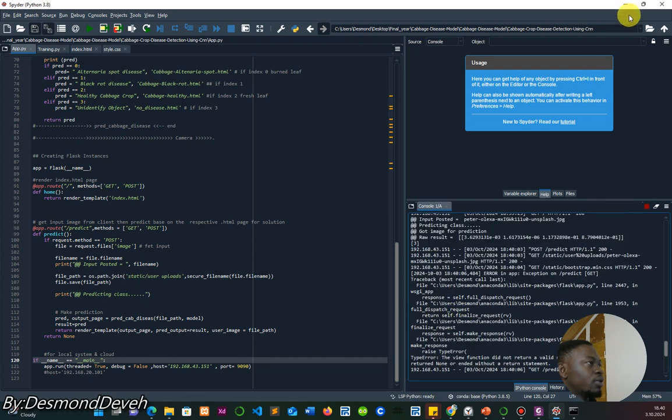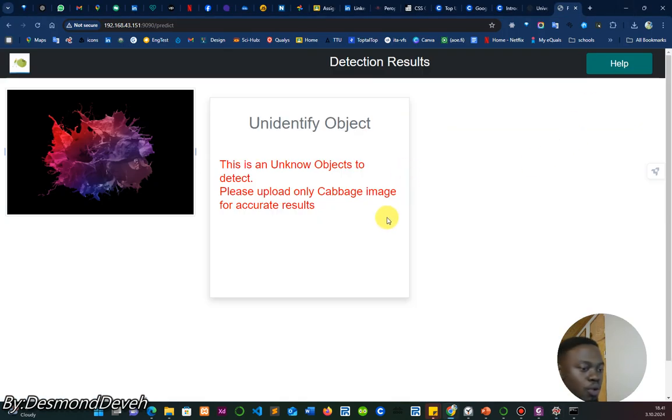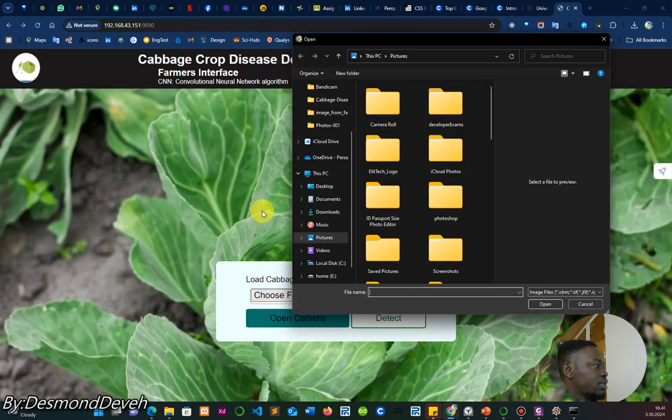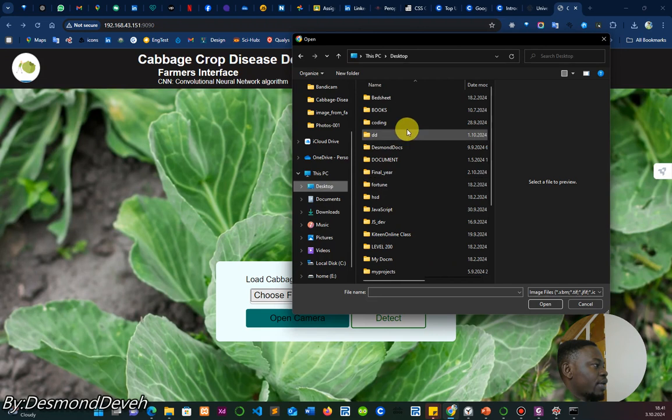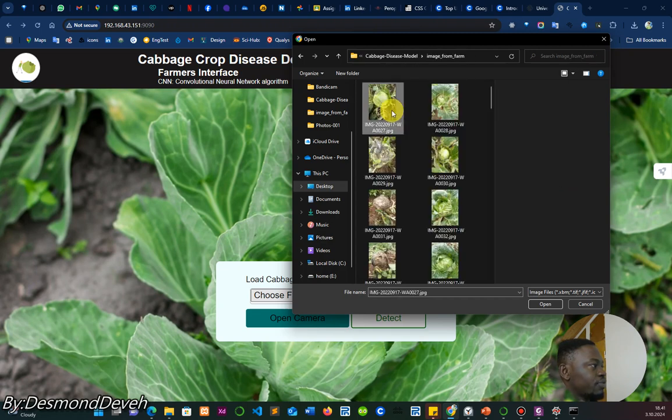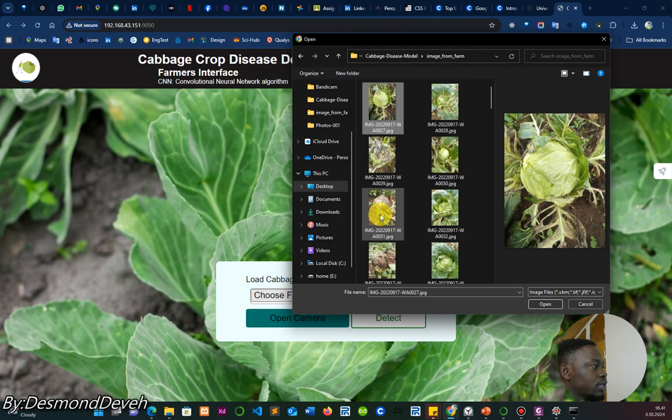Okay, anyway, so now I want to go back and choose a different image, assuming I will look for my images on the farm. These are images from the farm, so I will select this one.